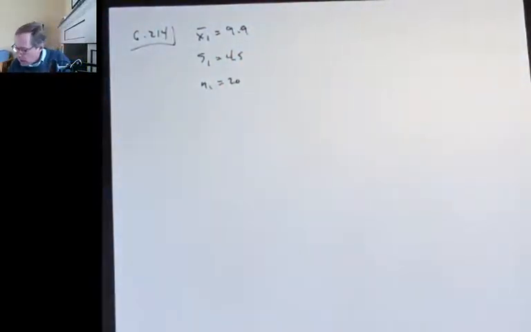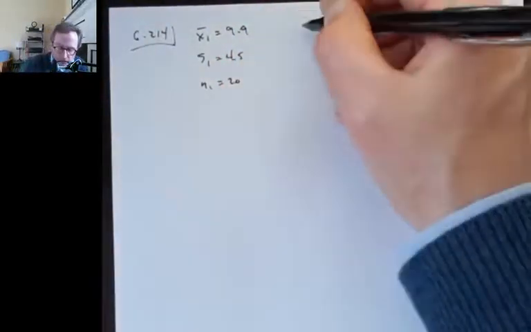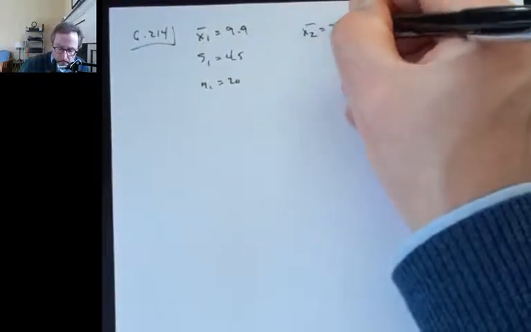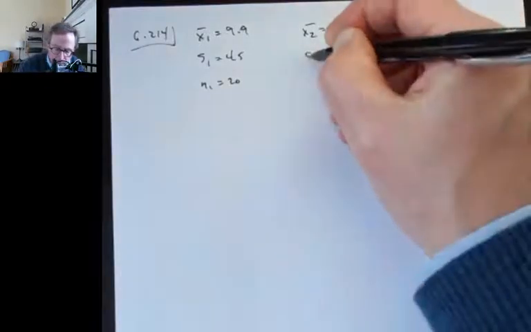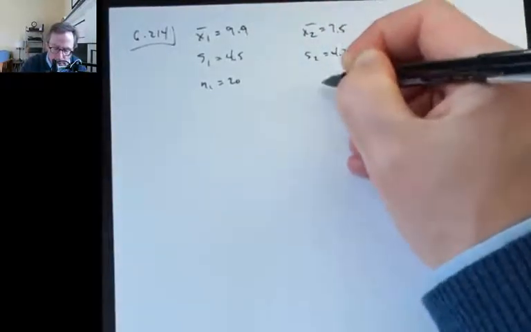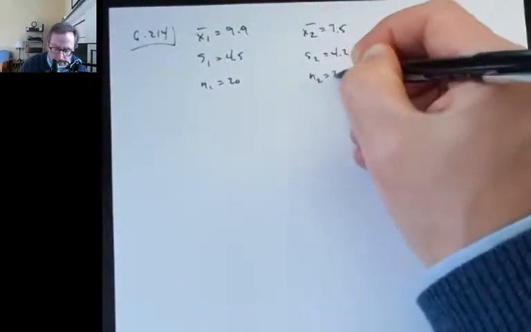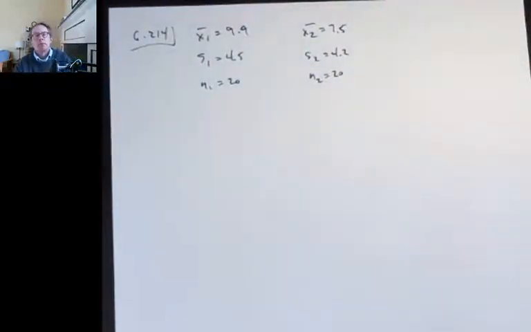And then x2 bar is 7.5, S2 is 4.2, and N2 is 20. Okay?